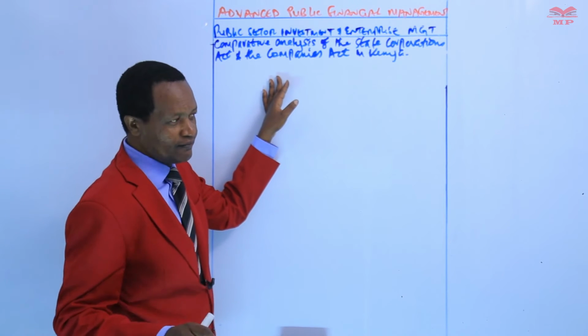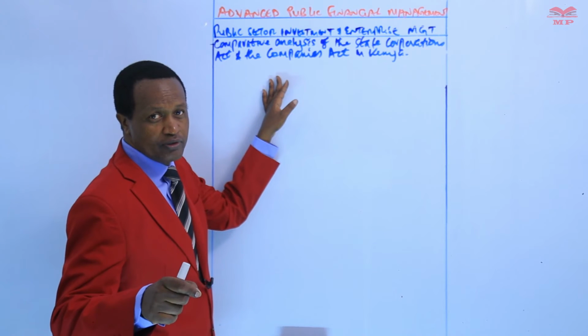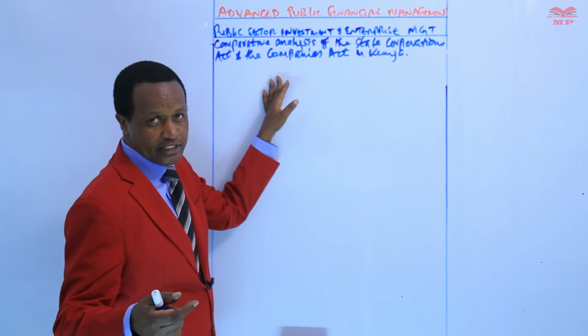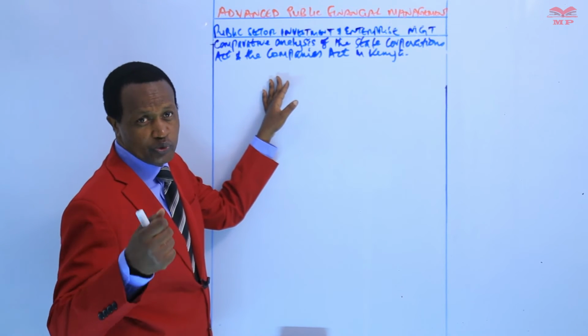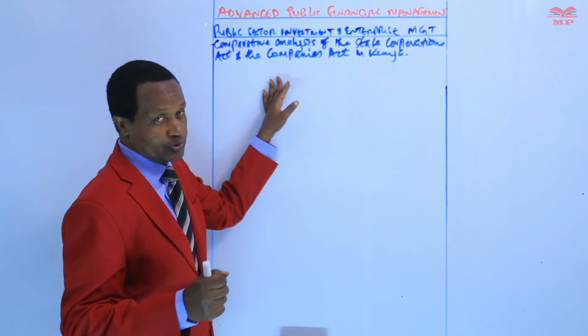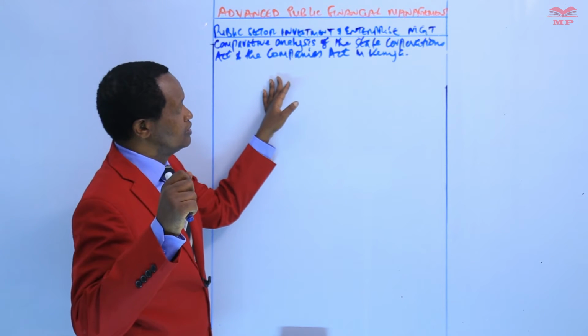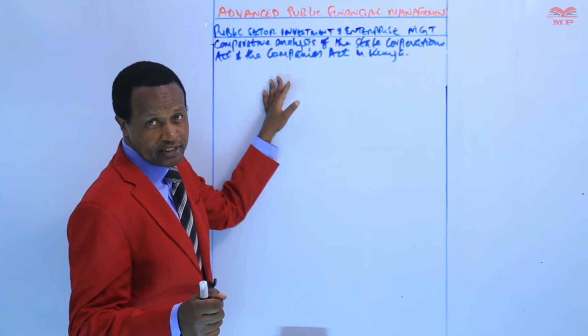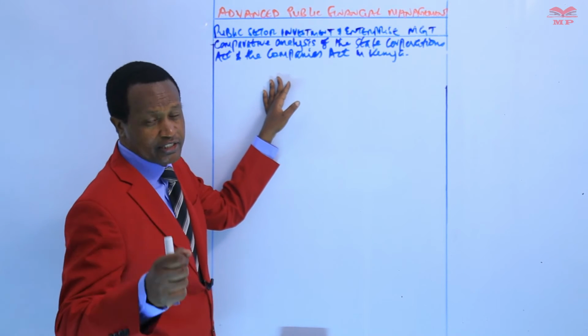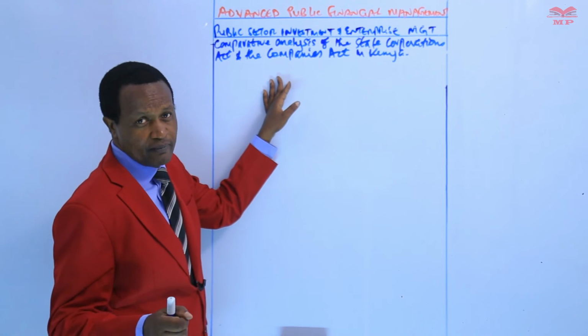And here in Kenya, the landscape of corporate entities is primarily governed by two key pieces of legislation. That is the State Corporations Act, Chapter 446, and the Companies Act of 2015.